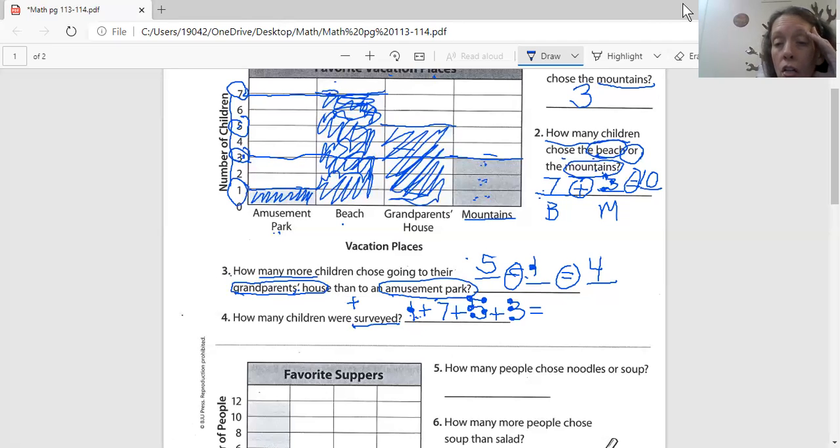Over here, 13, 14, 15. Over here, 16. So my answer is 16 children were surveyed. Okay, total of 16. Is that written down for me?